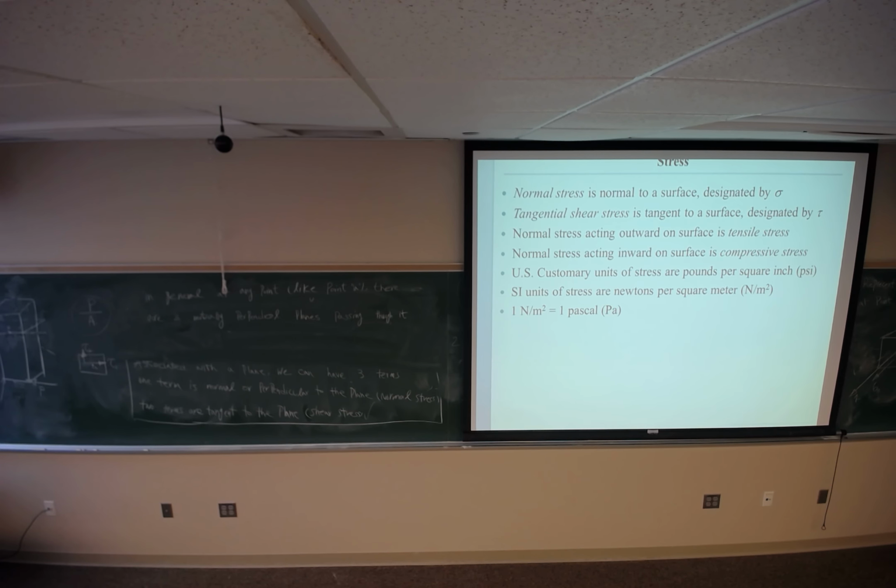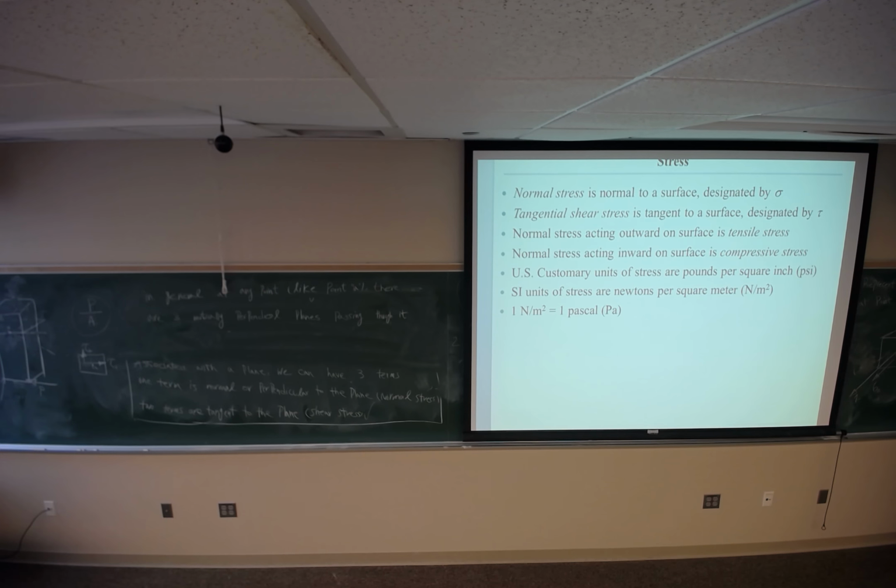The plane is plane x, so I use tau x. For shear, I use a second subscript, the direction of the shear stress. This one is going in y direction, so I use y after the x. The other shear stress is in z direction, so I use tau xz. So I'm done with this plane.